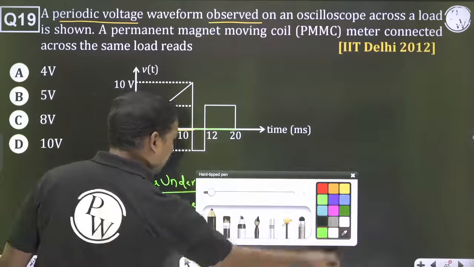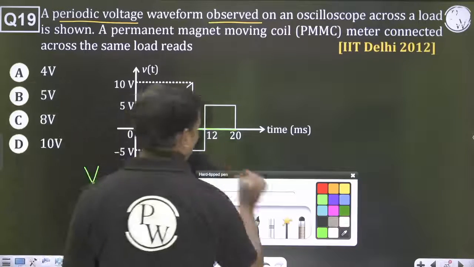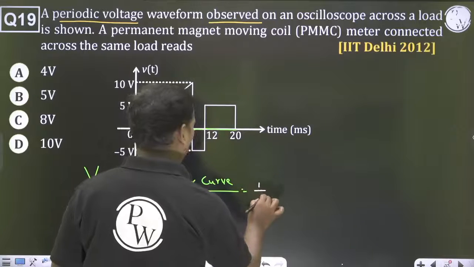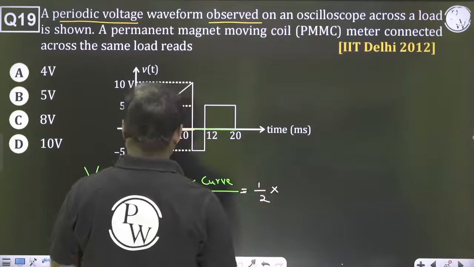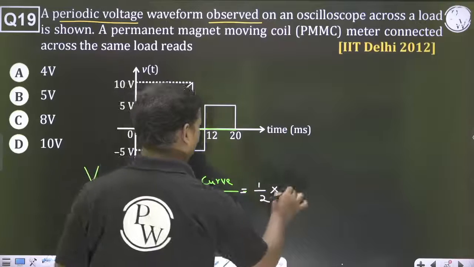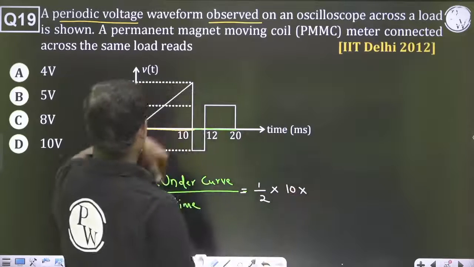Here the first one, 0 to 10, that is half into 10 into 10.